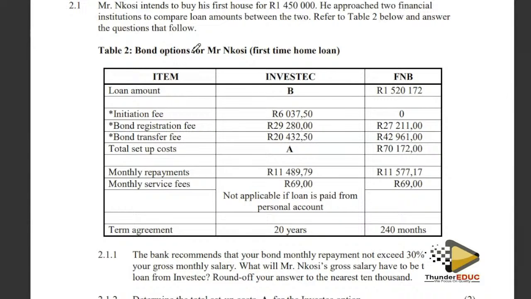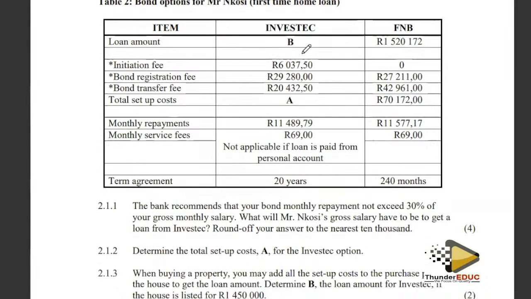Table 2 below shows bond options. Bond number 1 is Investec and the other one is FNB. All right. We look at it and we see the initial fees. We have the bond registration, the bond fee, the total setup cost, monthly repayment, then we have monthly service fees.